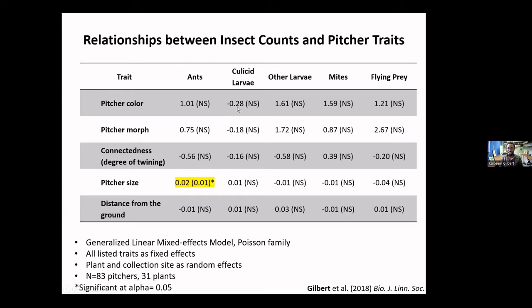And what I found in the end was basically none of the traits that I had measured really had any significant difference for any of these insects. So basically the only thing I could say for sure was that larger pitchers caught more ants, which was not entirely exciting.